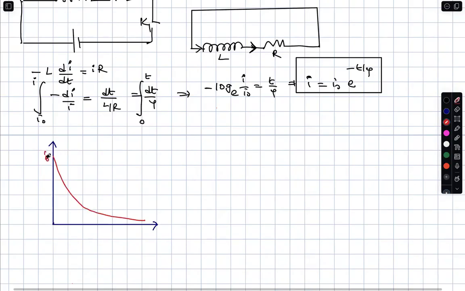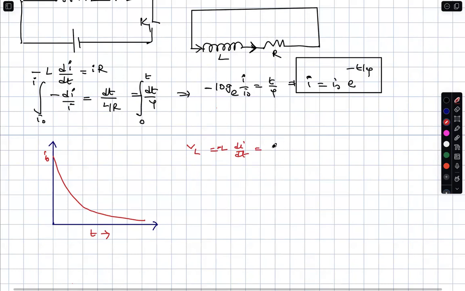I naught and time t. That is how the current falls. Even the potential drop is the same situation. What is VL? L di by dt, which is nothing but minus L di by dt, in fact, IR otherwise.